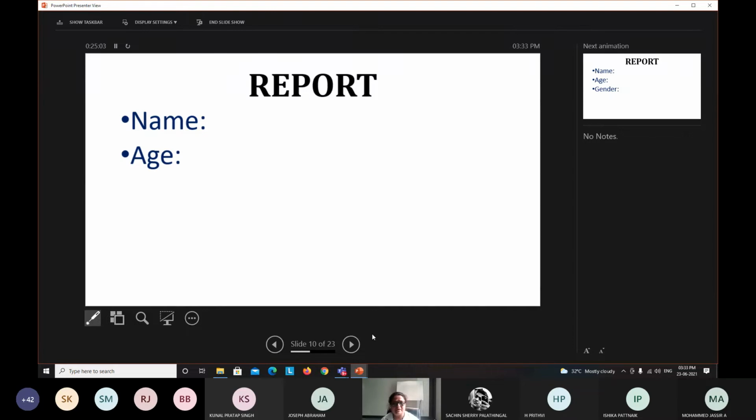Next is the age of the person. Why is age important? Because many parameters are not uniform in all age groups. Physiologically, if you take blood counts, blood pressure, heart rate, respiratory rate, certain parameters are different in different age groups. So age has to be mentioned, because we check whether the parameter recorded matches his age group or not.